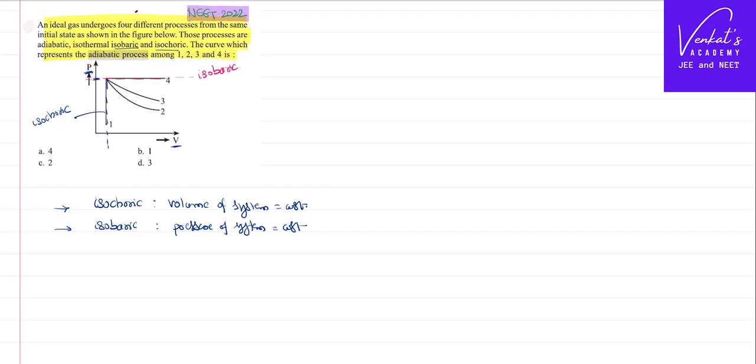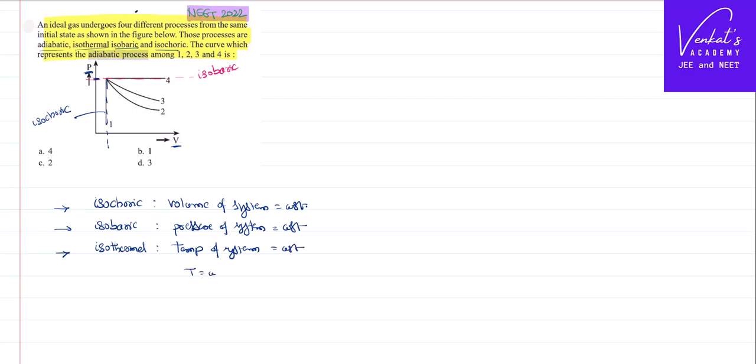And there are 2 left, 3 and 2. We need to identify who is what. So for both 3 and 2, the remaining ones are obviously isothermal and adiabatic. Let me explain what you mean by isothermal and adiabatic. Isothermal is the process in which temperature of the system is kept constant.